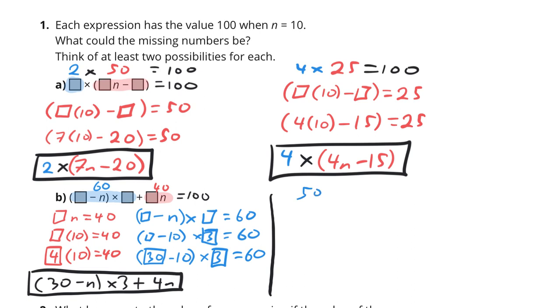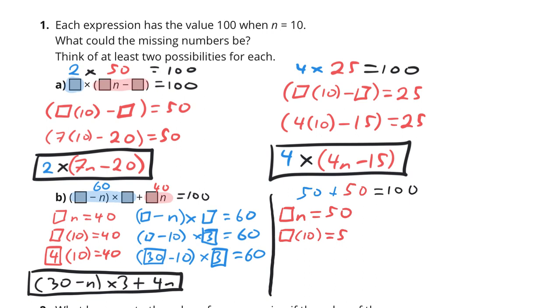So we are aiming at 50 in the blue and 50 in the red, and that will give us 100. So now we'll start with the red section because it's simpler. We have a box times n, and that should give us 50. We know that the n is worth 10, and it will give us 50.